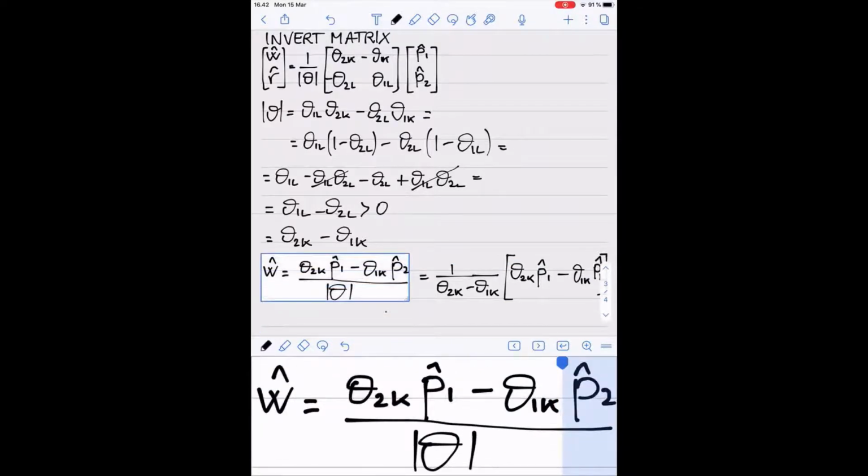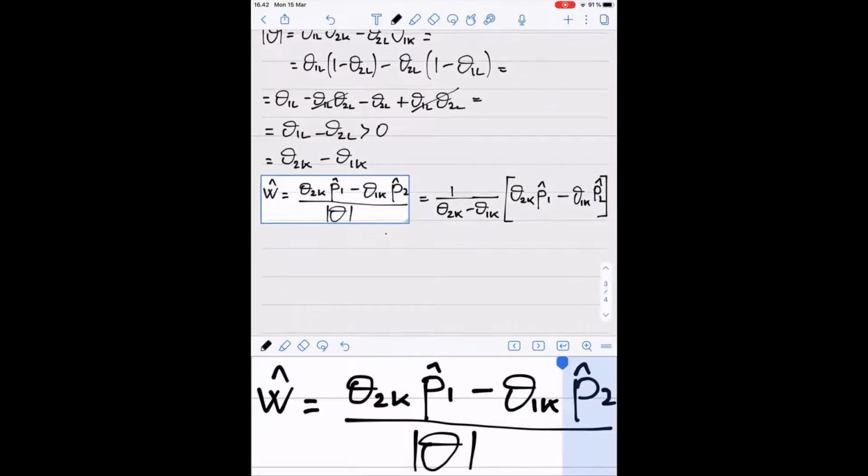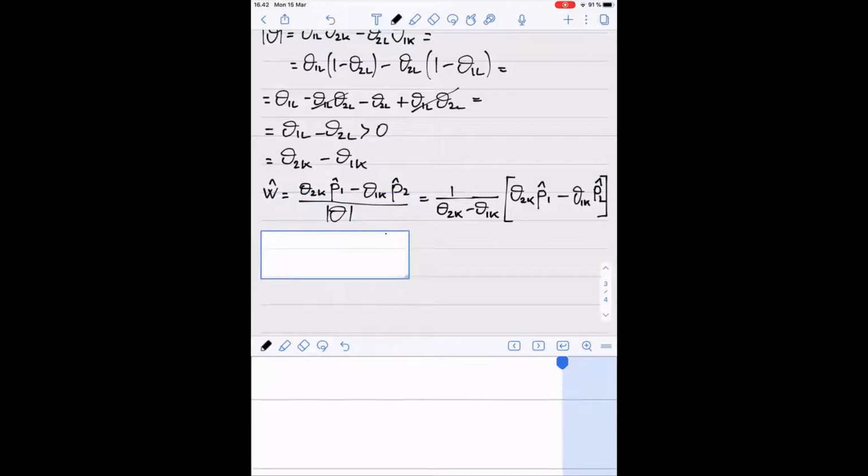Okay, so what can we do now? As I said, this will become clearer in a second, but the objective here is to isolate a price. In this case, we're going to isolate P hat 1.